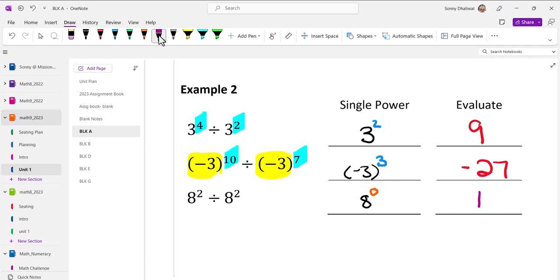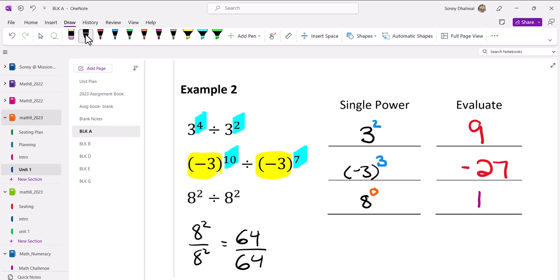All right. So now, if we go back to the original question, it's 8 squared divided by 8 squared. That's what the original question is. And 8 squared is 8 times 8, so that's 64. So you're going back to something you would have done in grade 7 or grade 8.